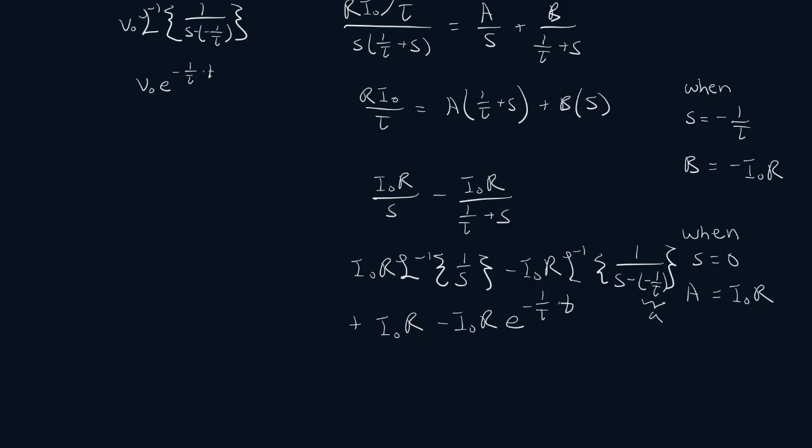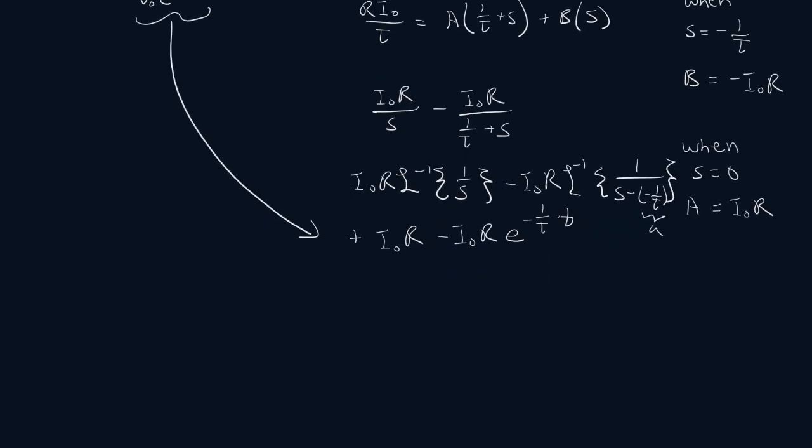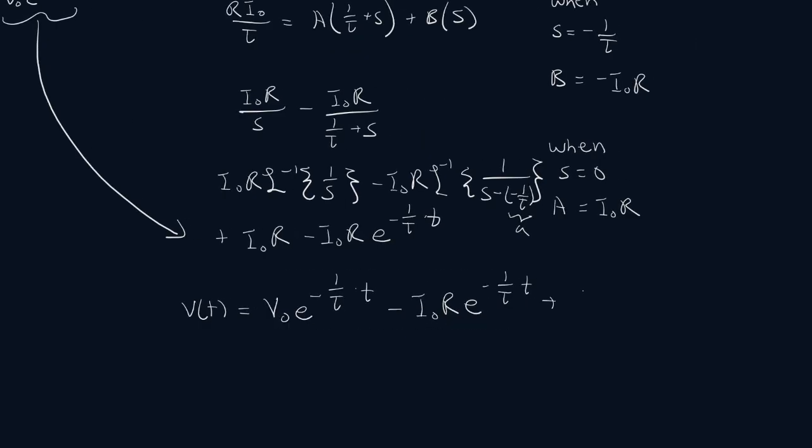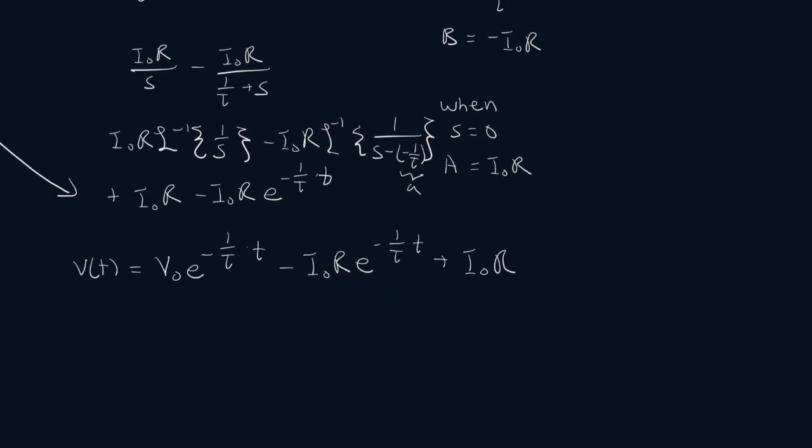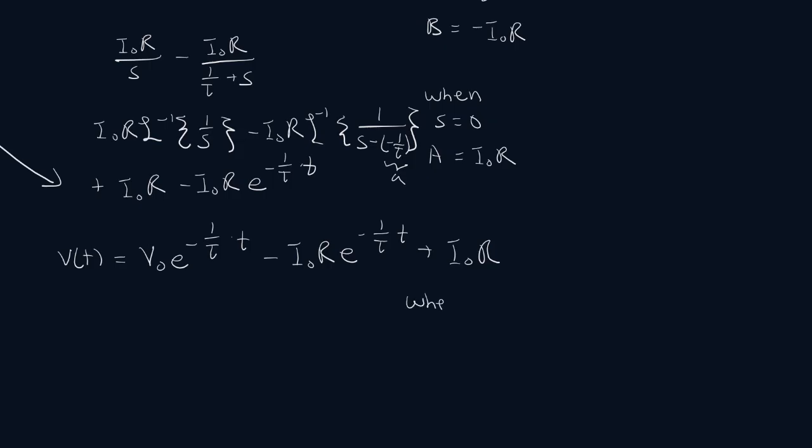And then we add this to it at the end, okay? So our final formula for v of t will be VO e to the power of minus 1 over the time constant times t minus IOR times e to the power of minus 1 over the time constant times t plus IOR for when t is greater than or equal to 0.